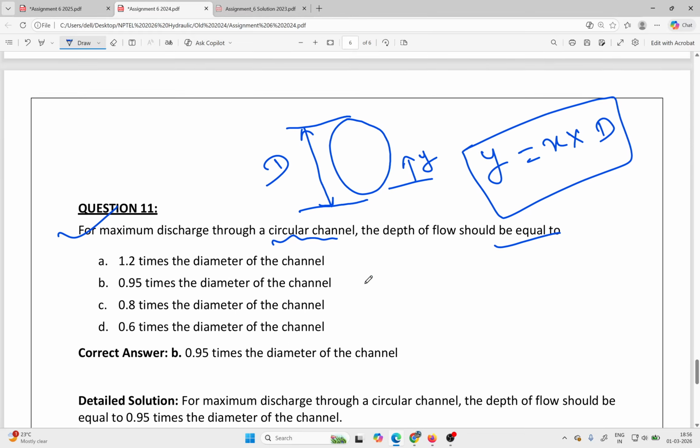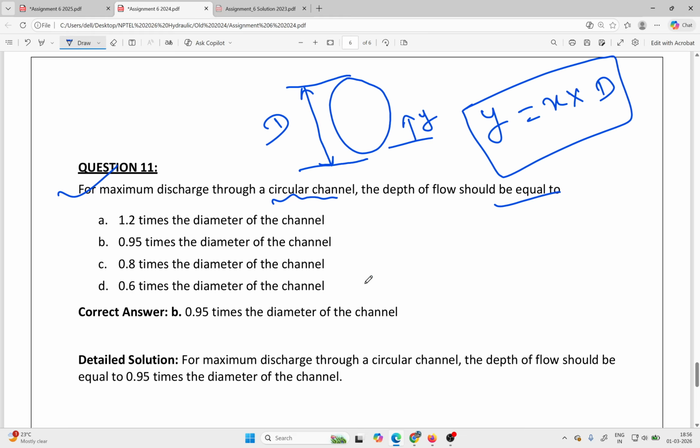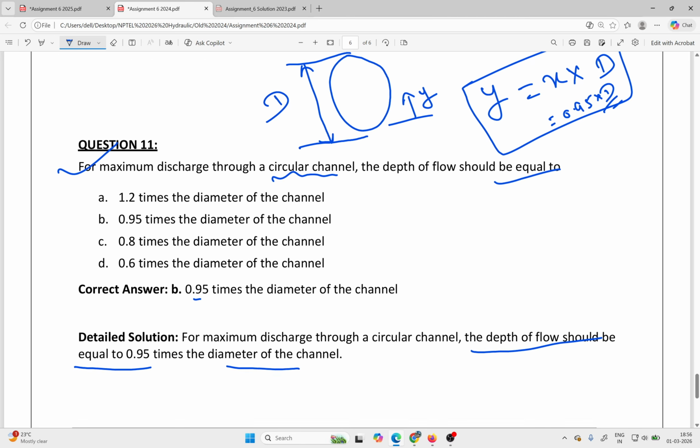So okay, let me show you the answer. Yes, option B is correct. It should be 0.95 times, not completely filled. For maximum discharge through a circular channel, the depth of flow should be equal to 0.95 times the diameter of the channel.